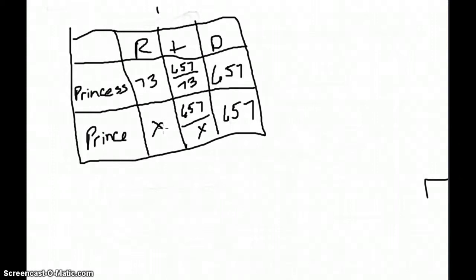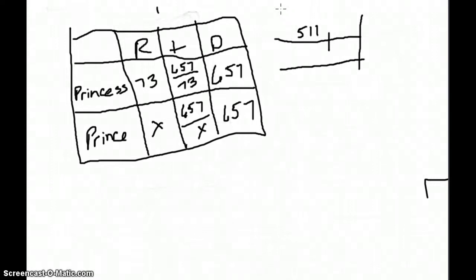In fact, it was at 511 miles. Here's the princess, and at 511 miles, the prince gets up and leaves and has to travel really fast to catch up with the princess. So I want to know, at 511 miles, how much time was that before the prince finally got up?